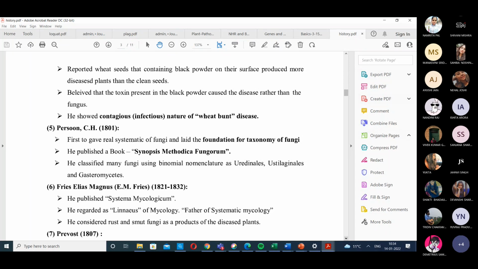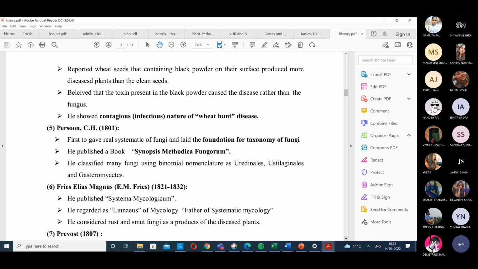And he also believed that the toxins present in the black powder cause the disease, rather than the fungus. So he believed that the fungus is fine, and the disease is not due to the fungus, but due to the toxin present in that black powder. He showed the contagious or infectious nature of wheat bunt disease. This means this disease is contagious and it can be transmitted to other healthy plants also, right?